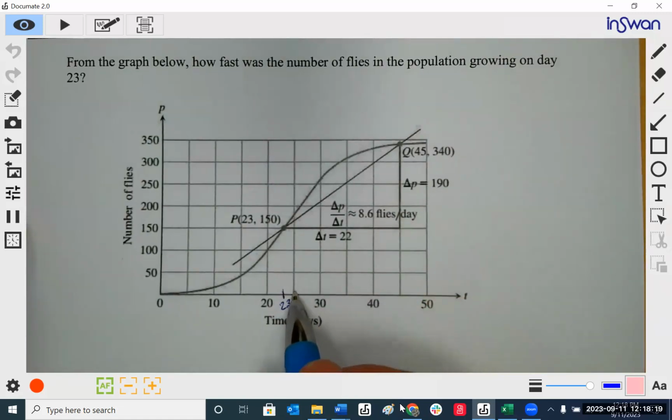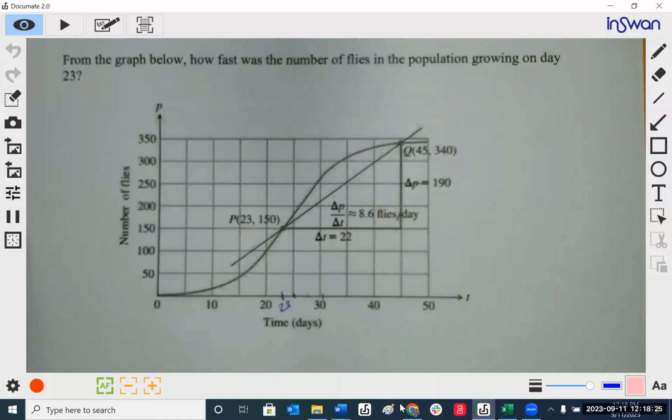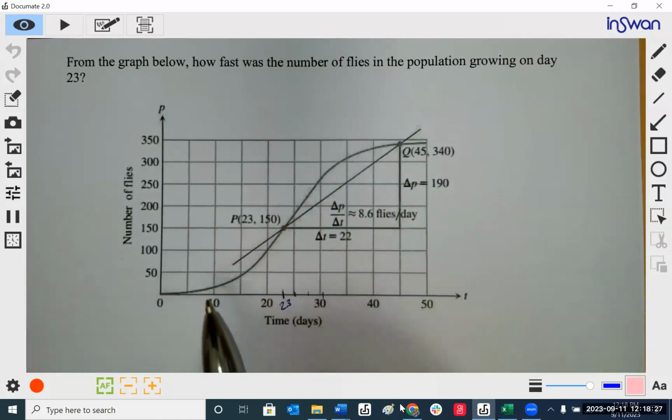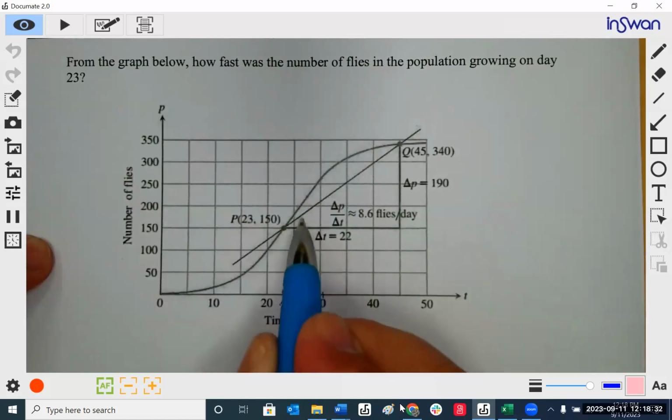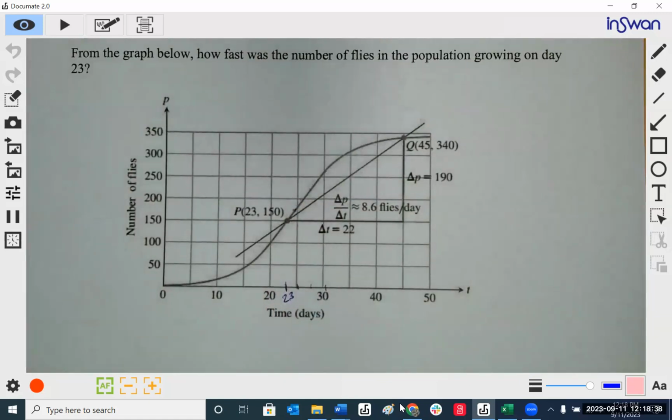So 30, 27, 25, 24. And just try to guesstimate what that is, because we know that 23 is 150, 25 is 200, so 24 is approximately 175. So do those calculations there.